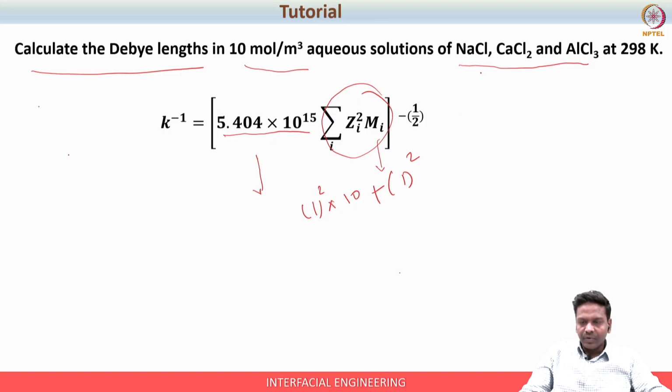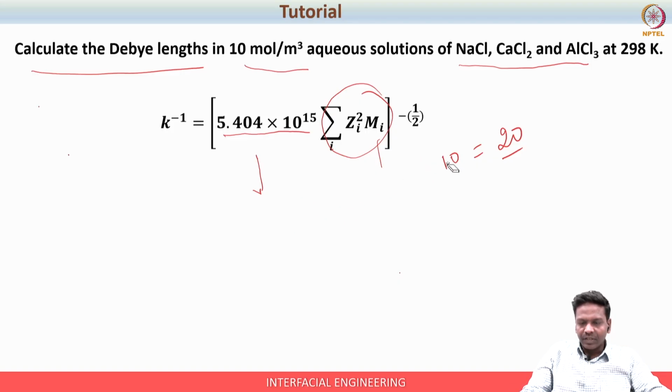Even if you take minus 1 square, it will be plus 1. No need to worry about any sign over here. So 1 square multiplied by Mi, again 10. Eventually you will get 20. If you simply multiply this with the prefactor, you will get an answer. In this case, it's a very simple problem.